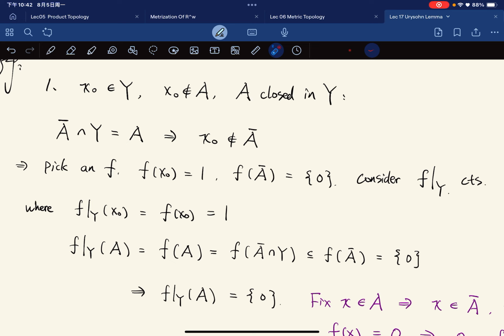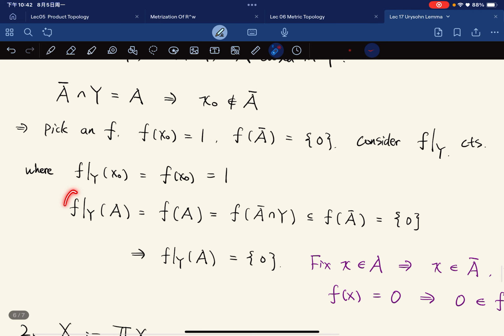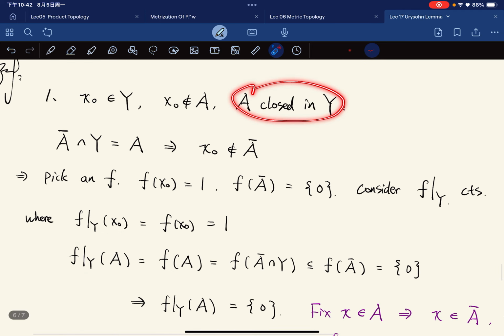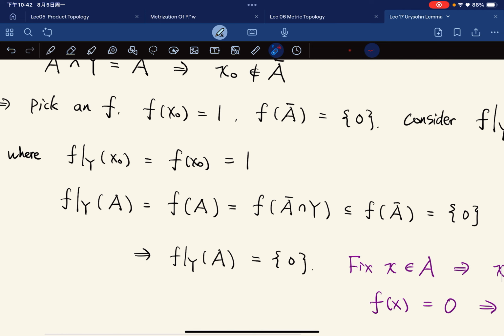And we just verify our output conditions. f restricted to Y at x naught, because x naught is in Y, so this equality holds, and this is by here. And this, because A is a subset of Y, so these two are the same.